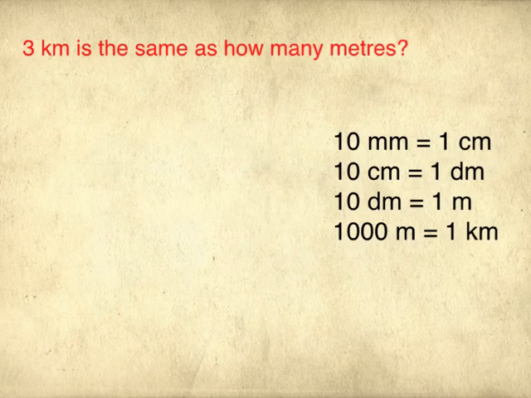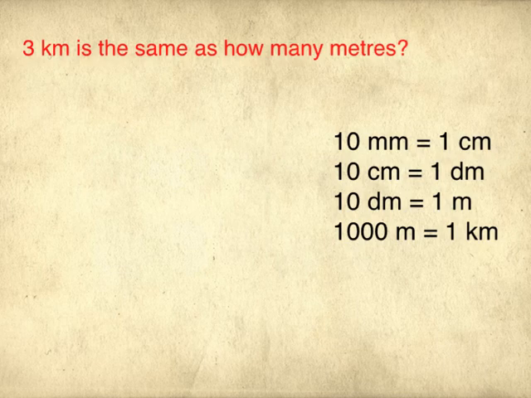The first thing you should notice is that I put a key here that'll help us with our conversion. And it's the same key that appeared on the first slide. So it tells us, for example, that 10 millimeters is equal to 1 centimeter, and so on. Now, if we look at the question, it says that 3 kilometers is the same as how many meters?